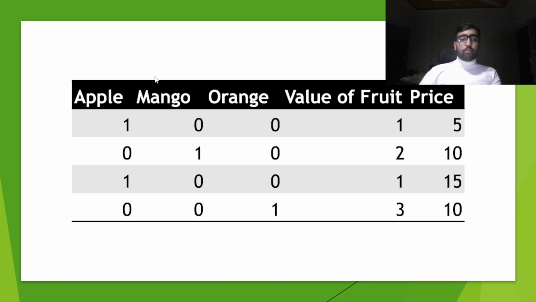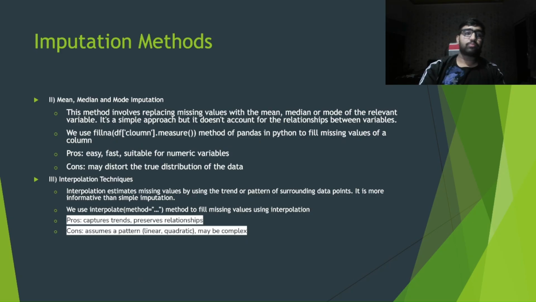Similarly, we have performed encoding for all other rows, and we have successfully performed the one-hot encoding here. The main disadvantage of one-hot encoding is that it adds a large number of dimensions to your dataset, which could be costly in terms of processing of data and time to build the algorithm.